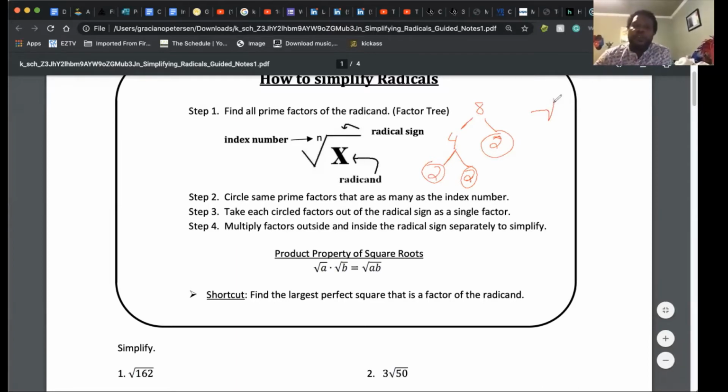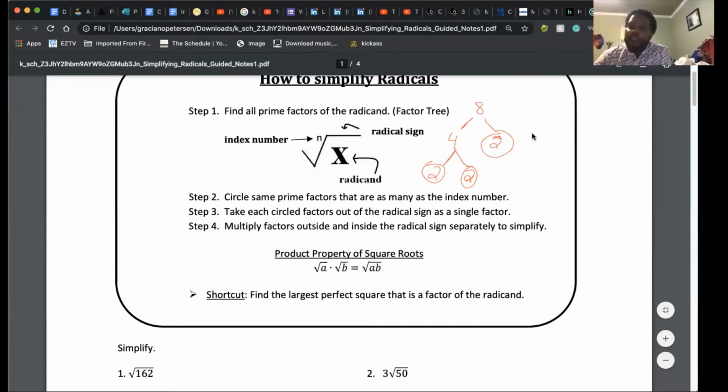Excuse me. Let me finish what I was showing you here with this breakdown. Let me undo this. Okay. So if I have the square root of 8 and I've already broken it down into 2 and 4, what that tells me is that the 4 can be broken down, but the 2 cannot.